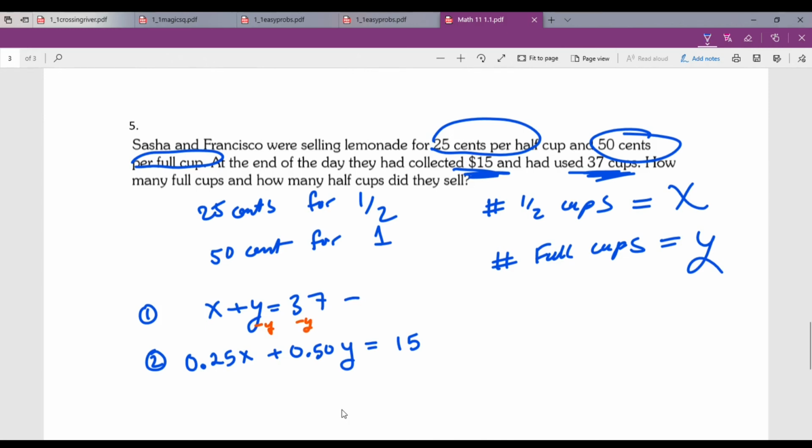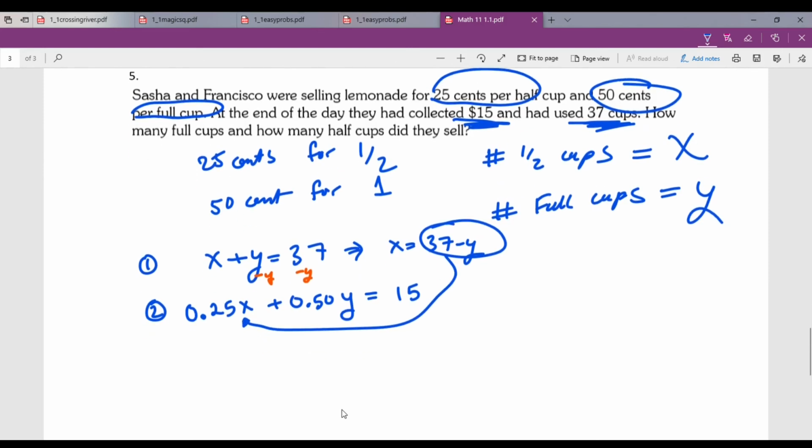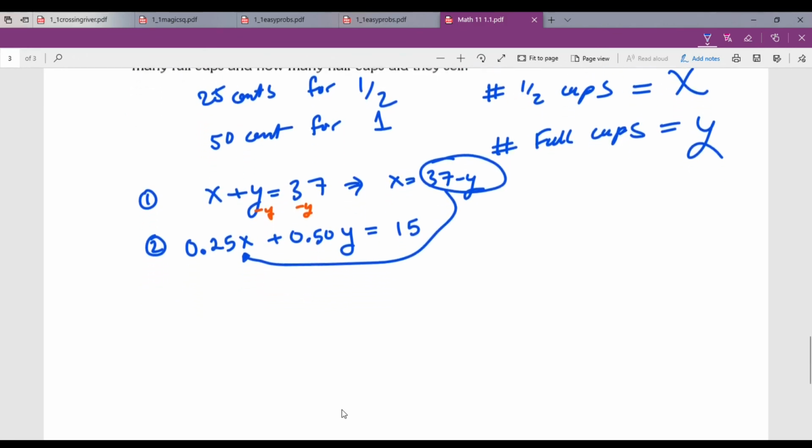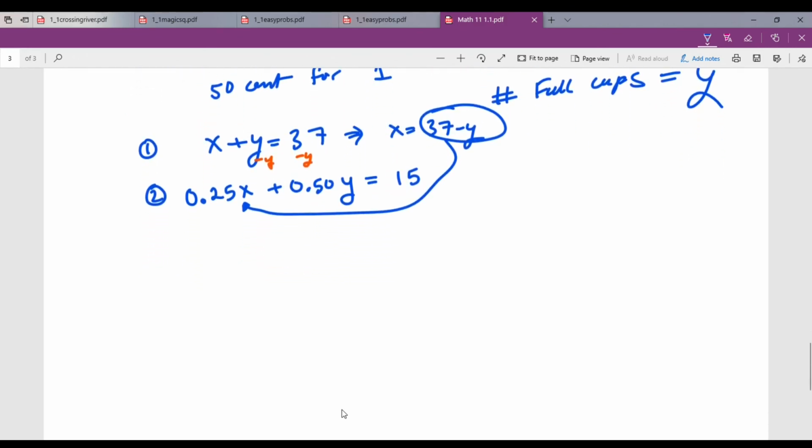This gives me X is equal to 37 minus Y. And now I can substitute this value into our second equation. This gives me 0.25 times 37 minus Y plus 0.50 Y equals 15.